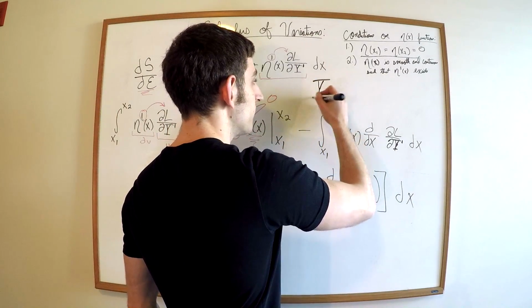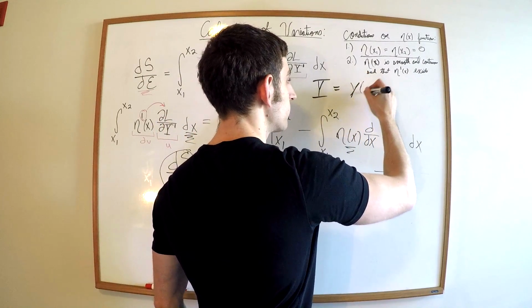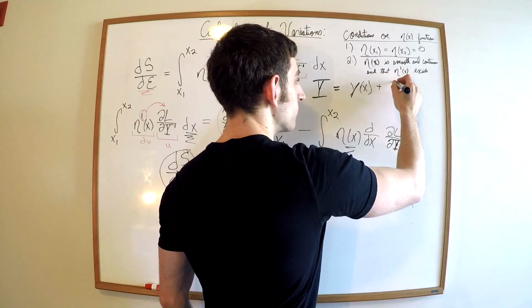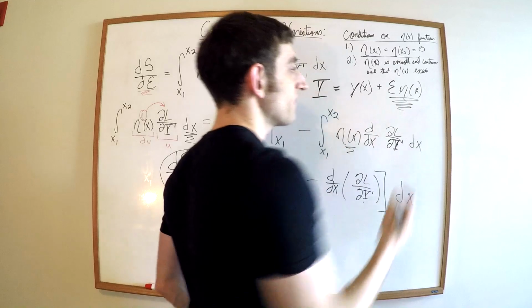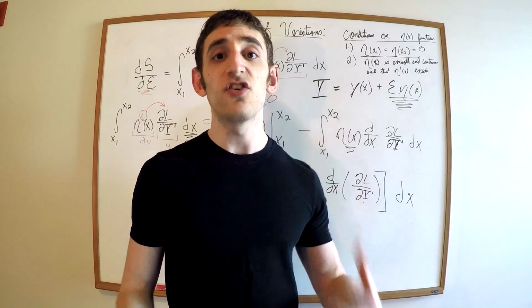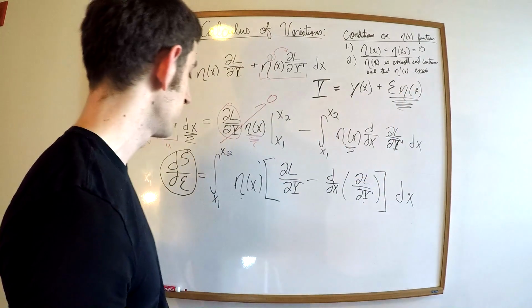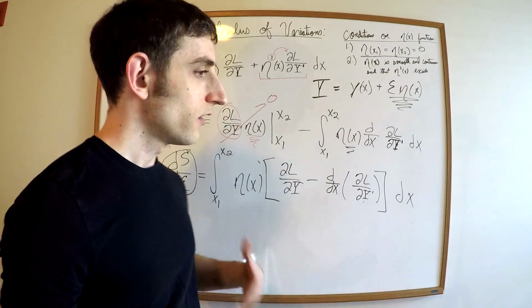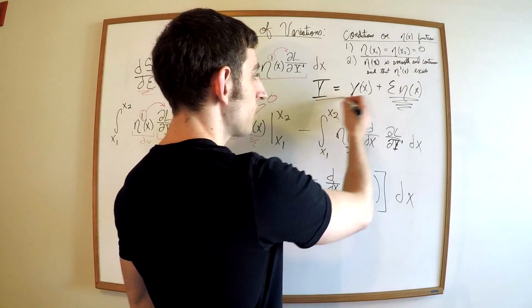So we're saying that this guy is equal to y sub x plus epsilon eta sub x. So we're implementing this error to allow us to use the framework of Calc 101. And if we said that eta sub x was 0, everything we did would not make any sense because this guy would equal that guy.